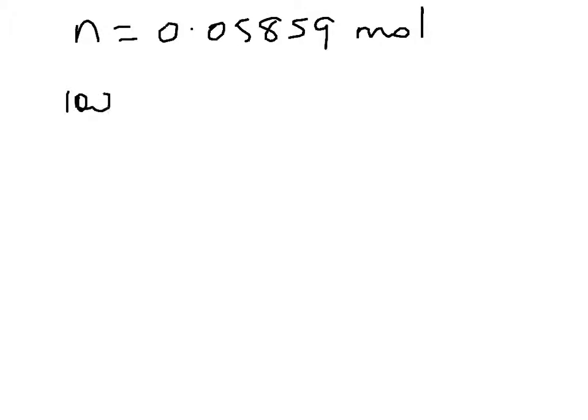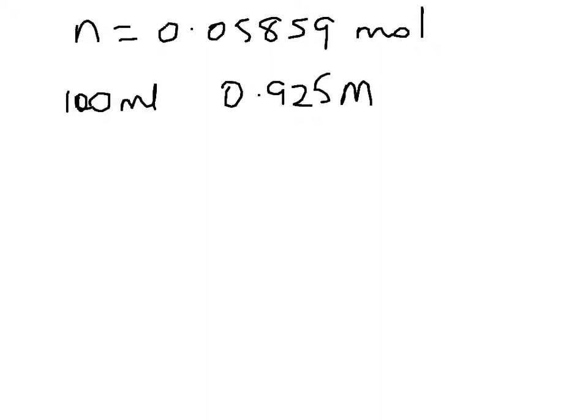Okay, so we had in this back titration step, the titration step, 0.05859 mole. Originally, however, we had 100 ml of hydrochloric acid, same molarity, 0.925 molar.